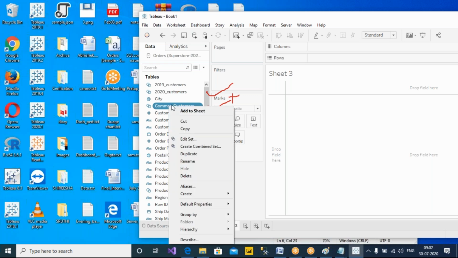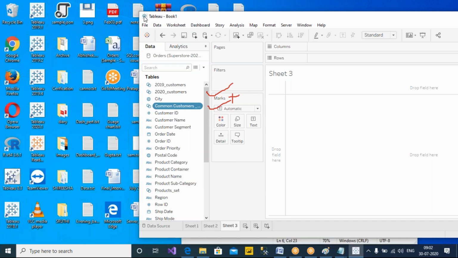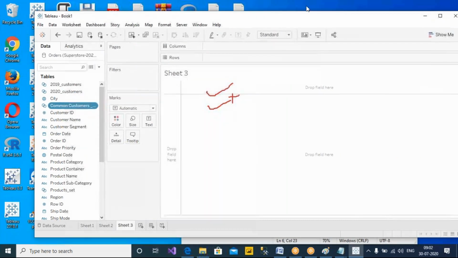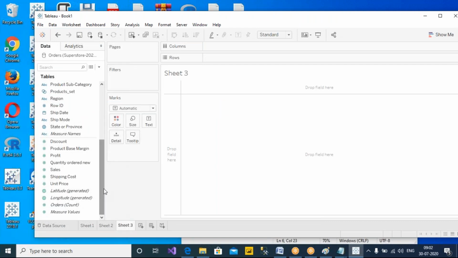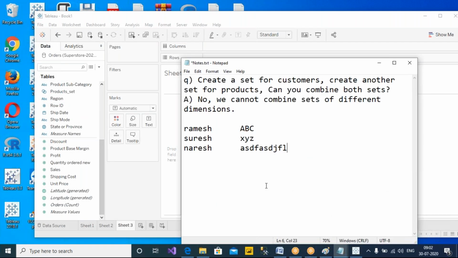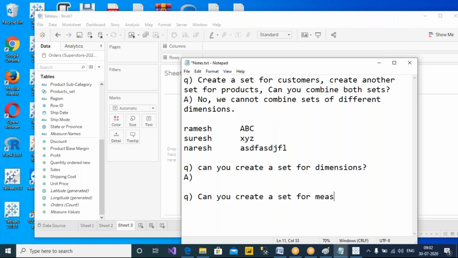That's another interview question, so think about it and answer. Let's put that question here in the note section. Can you create a set for a dimension? And another question, can you create a set for a measure?